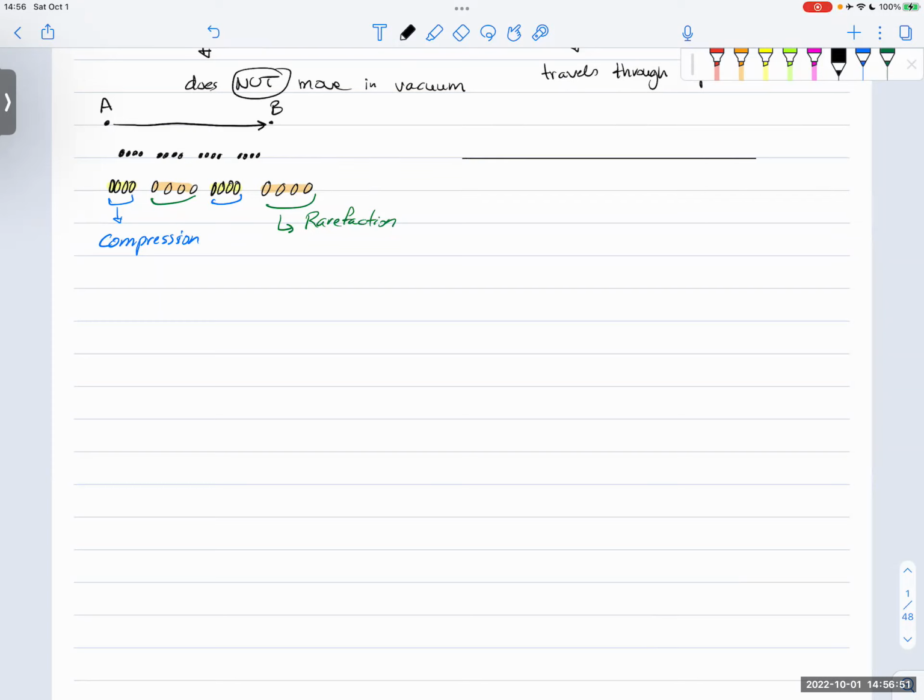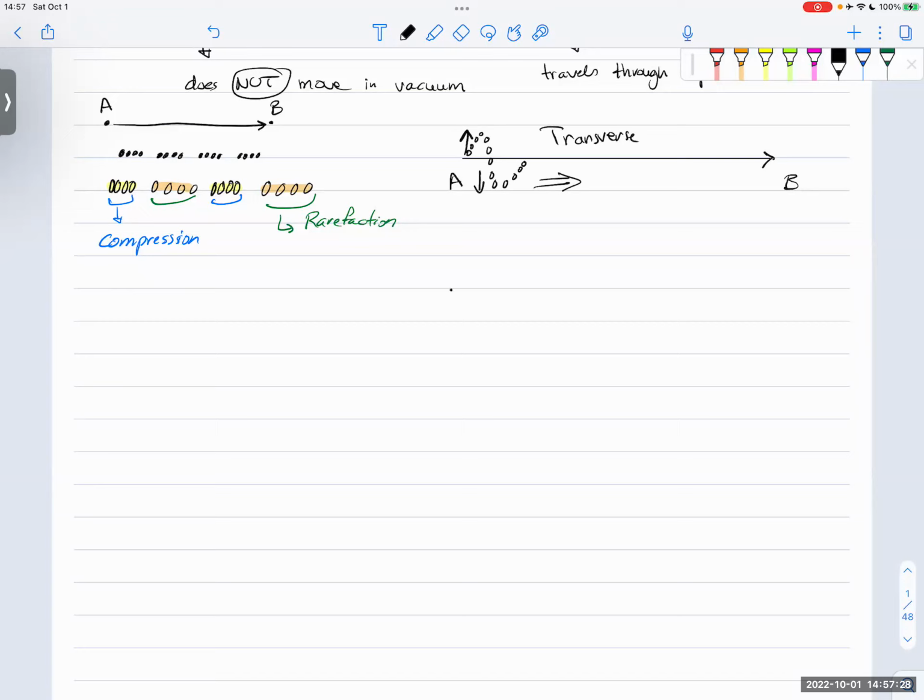If this is the baseline, the direction of the wave from point A to point B, and the sound or wave causes these objects to move in a direction that is perpendicular, almost going right and left, perpendicular to the direction of the wave itself, this is what we call transverse.